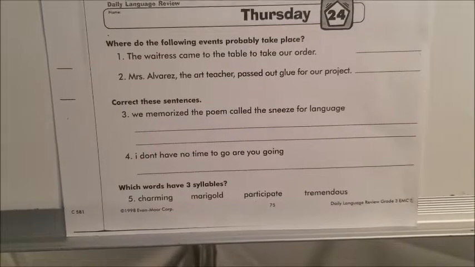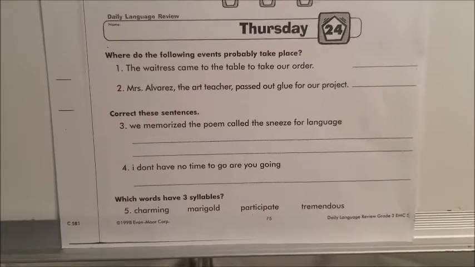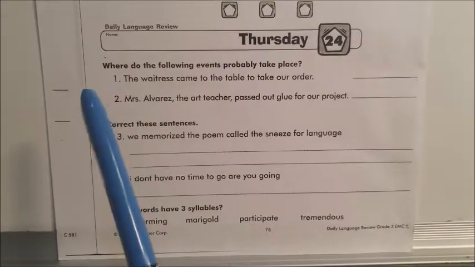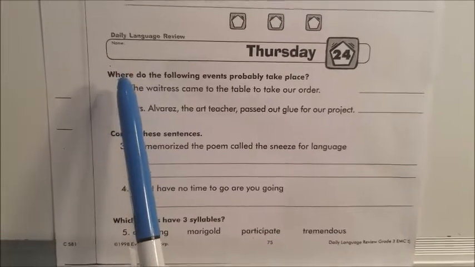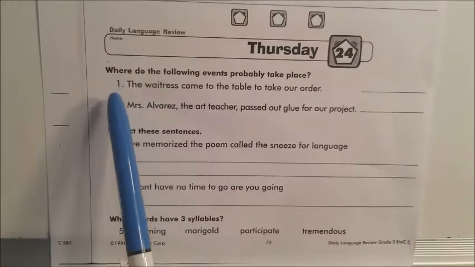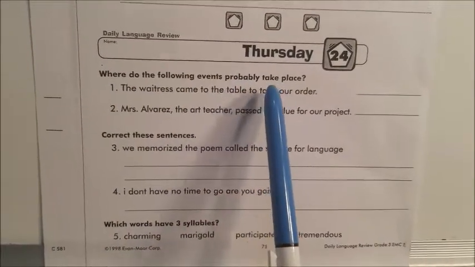Boys and girls, let's take a quick look at our daily language review for today. This first section here is very interesting. They're asking you to draw some conclusions about what had happened in these sentences. Where do the following events probably take place?